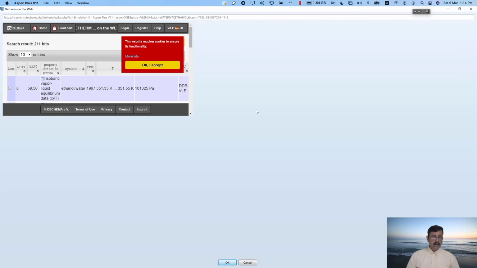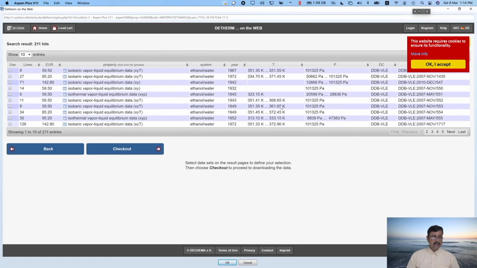Okay. Now you can see that we have isobaric vapor liquid equilibrium data, both isobaric and isothermal, for the system ethanol and water, published in different years within this temperature range and pressure, and so many lines.